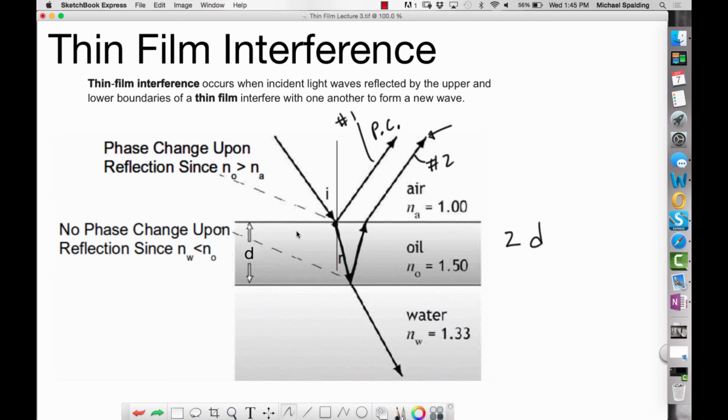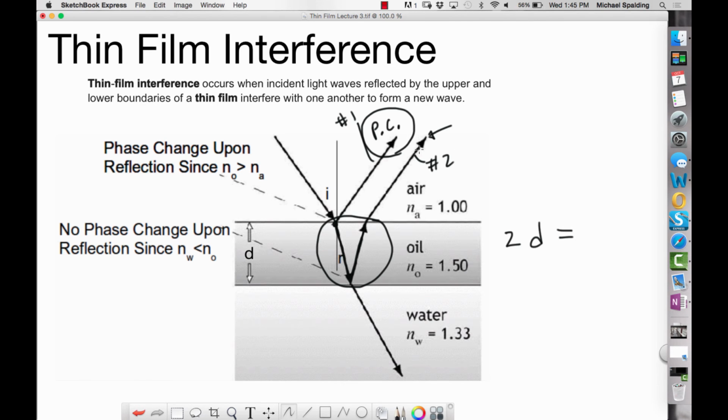Now, here's where you have to put your thinking cap on. Realizing that ray number 1 underwent a phase change, a peak became a trough, or maybe a trough became a peak, but the wave literally flipped. In order for ray number 2 to be back in phase, what has to be true about this extra distance traveled?